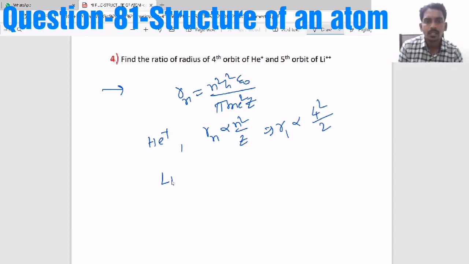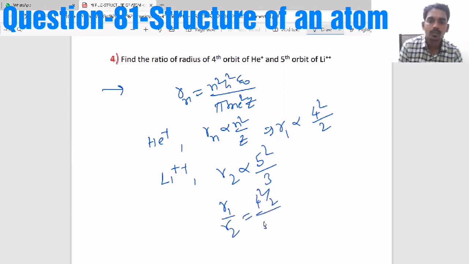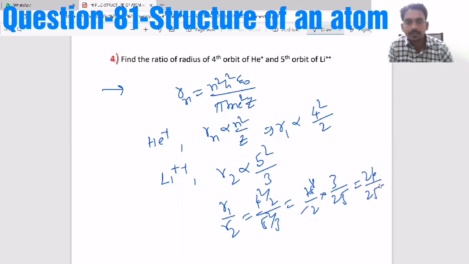And for lithium plus plus, because they are asking the ratio, R2 is proportional to fifth orbit, so 5 square by lithium means 3. So now R1 by R2 means 4 square by 2 times 3 by 5 square. So 16 by 2, 3 by 25, 2 8s are 24 by 25.